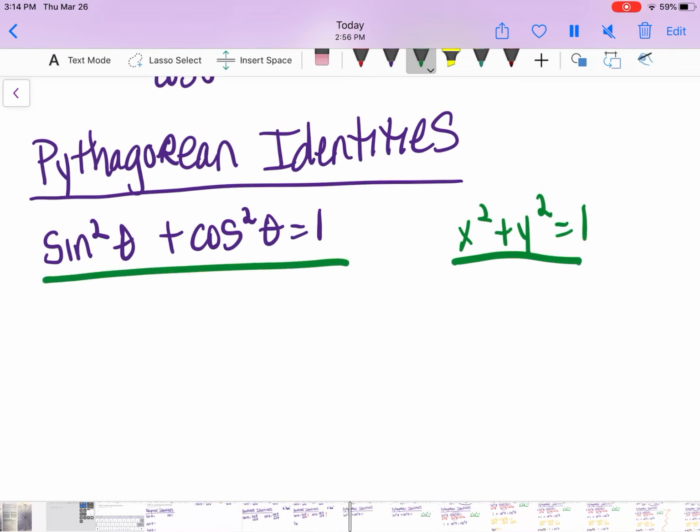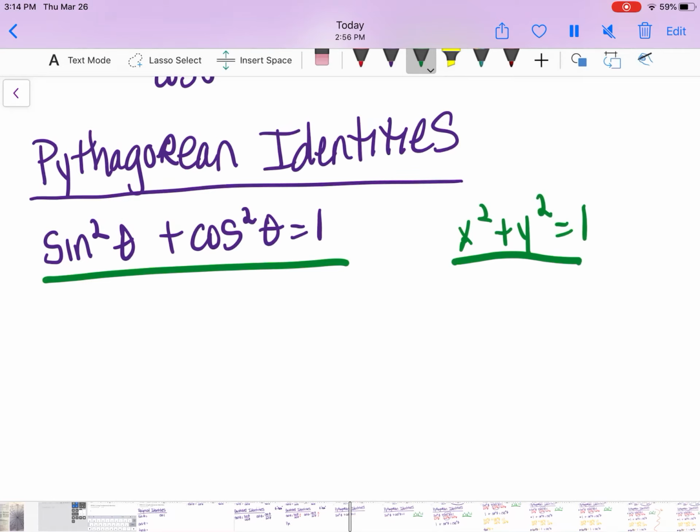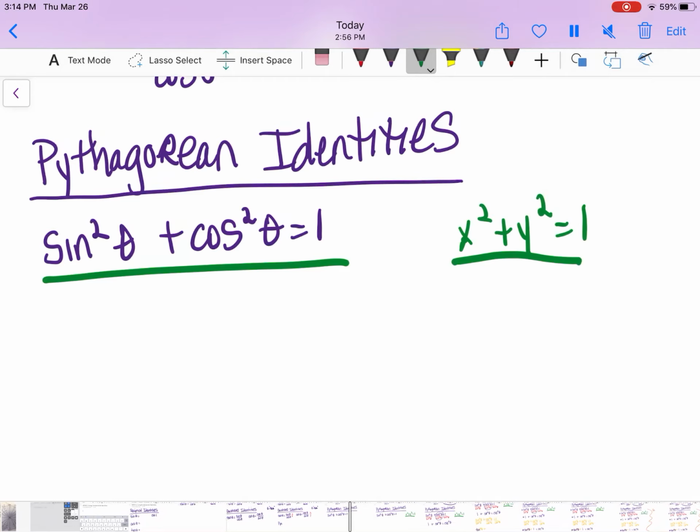Well, x is cosine, so x squared would be cosine squared. Y is sine on our circle, so y squared would be sine squared. Okay, so that identity comes from that equation. It's just x and y are in a different order. But when you're adding, it's the commutative property. It doesn't matter if you add x squared plus y squared or y squared plus x squared. It means the same thing. So that's where that one is coming from.